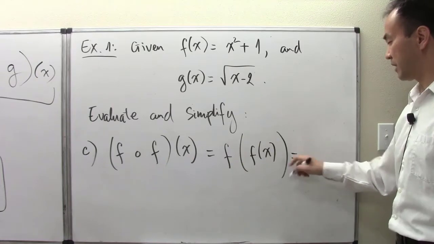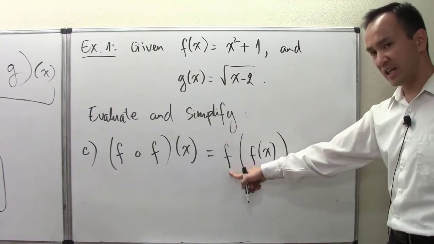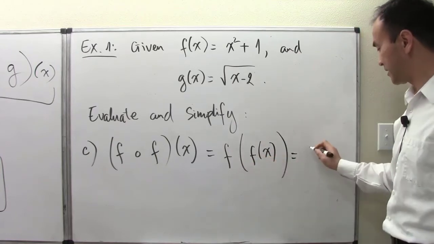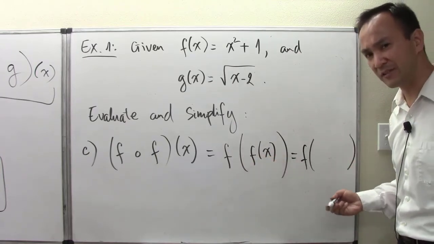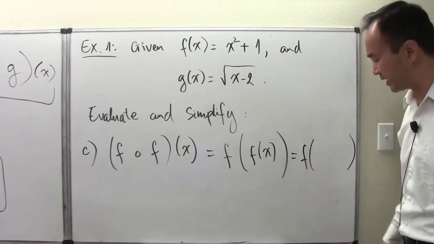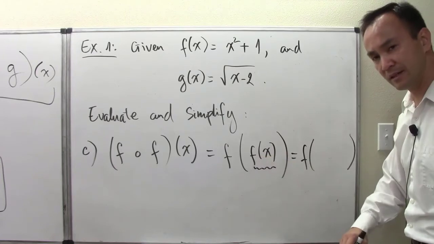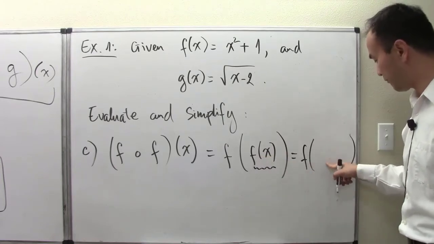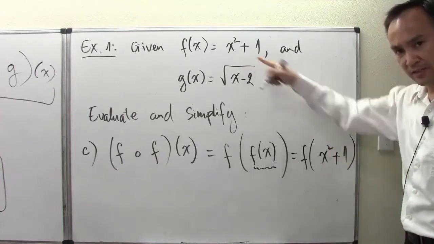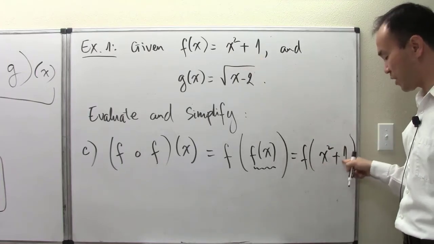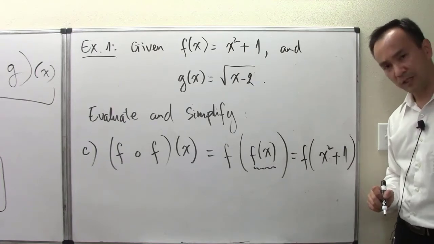In this way of reading the function notation, the main function here is F. Here's how I recommend it, a style that has clicked better for me over the years. F of, so what's the rule for F itself? The rule for F is x squared plus 1. So now it's F of x squared plus 1.